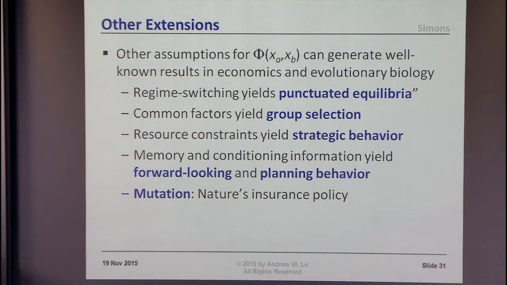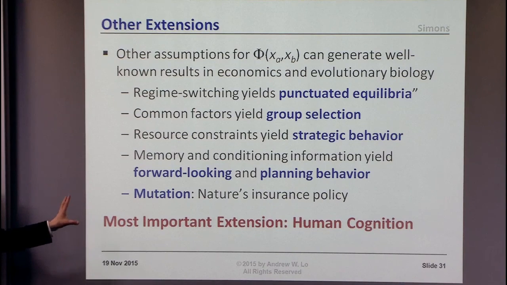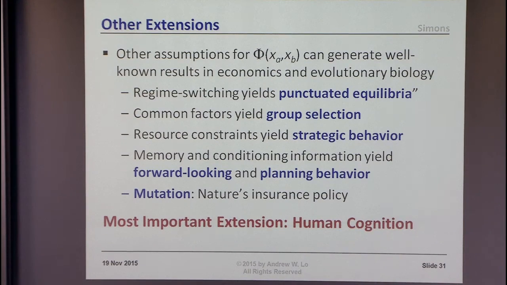Okay. Lots of other extensions, including mutation, strategic behavior. We've assumed that your actions have no bearing on my actions and outcomes. If it turns out that we change that assumption so that when I choose something that affects your outcome, out of that will emerge strategic behavior and planning and forward-looking and all that kind of stuff. The most important extension that we're working on now is actually to change this framework to think about not just one choice at a time, but to string a bunch of choices together. So it's easy.